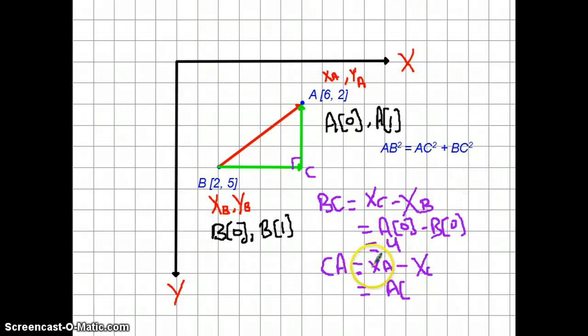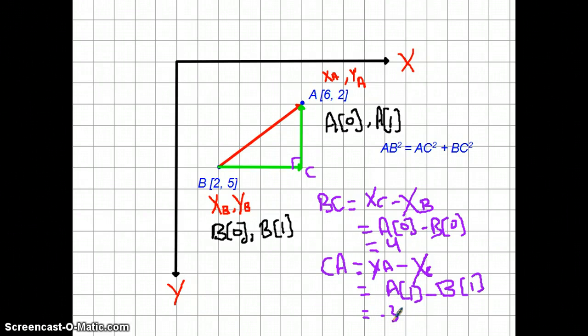CA has only y coordinates. So CA is equal to y of A minus y of C. So A at index 1 minus y of C, which is the same as y of B, which is 5. So minus B at index 1. A at index 1 is 2, and B at index 1 is 5. So 2 minus 5 is minus 3.